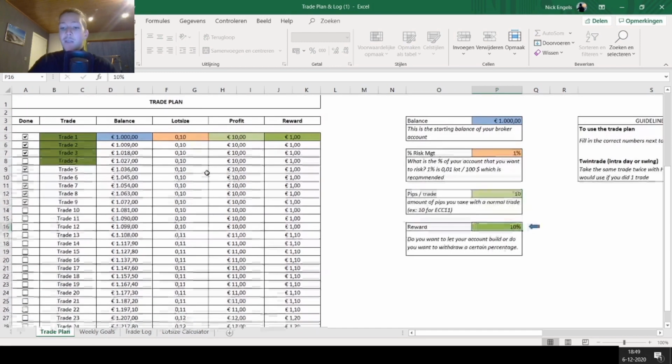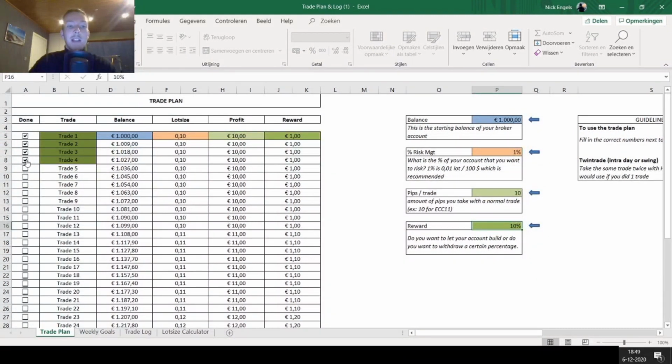If you take a loss for some reason, you simply unselect the trades until the point your balance is back at the point that this is correct. Now, this trade plan will normally make your life that much easier and give you a guideline towards using the proper risk management and to plan out both your wins and your losses.